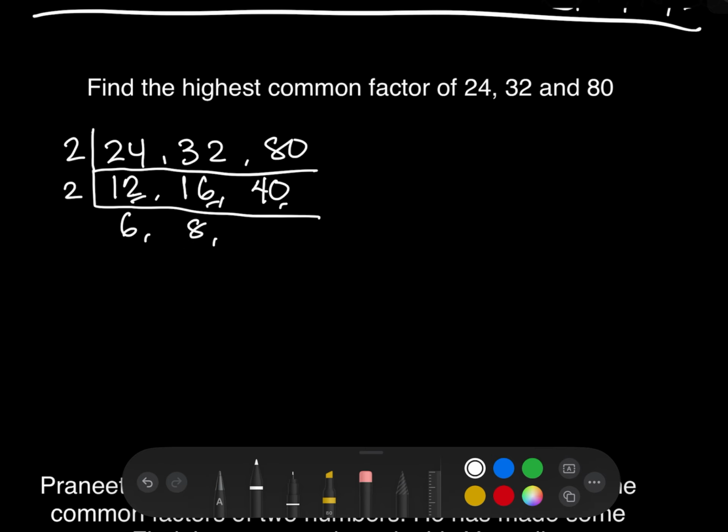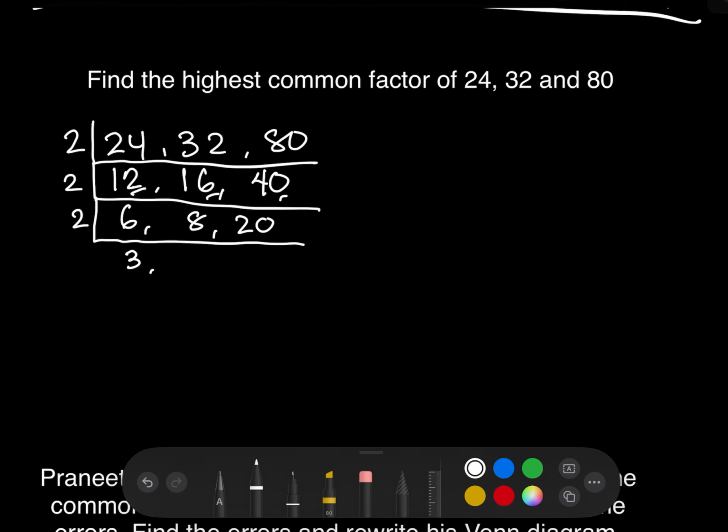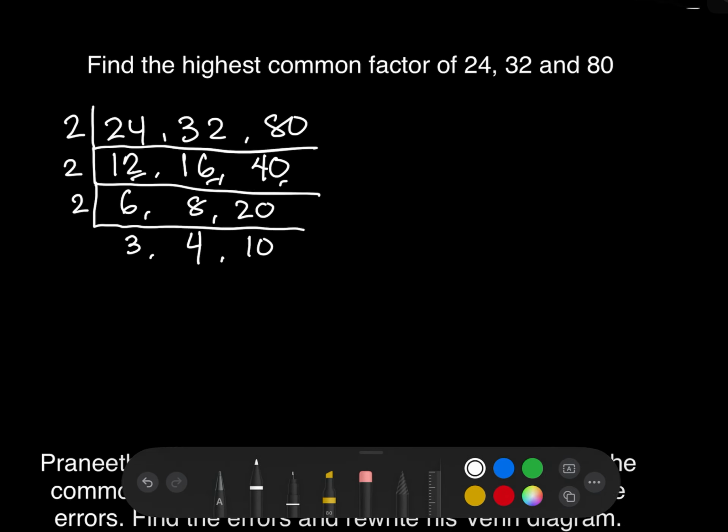So 12 divided by 2 is 6, 16 divided by 2 is 8, 40 divided by 2 is 20. Still, 6, 8, 20 are divisible by 2. 6 divided by 2 is 3. 8 divided by 2 is 4. And 20 divided by 2 is 10.